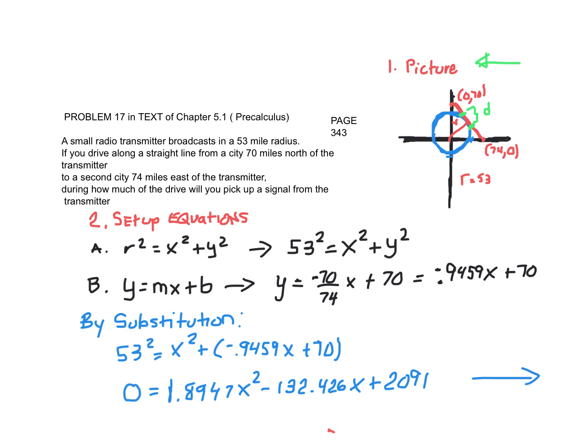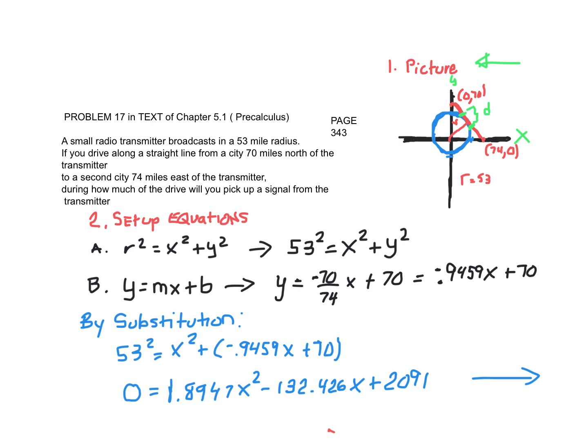So we draw a circle around an XY coordinate system, and we see how the description of the problem is transformed. There it is, the circle in blue with a radius, and then the line going from the northern city to the eastern city can be seen.